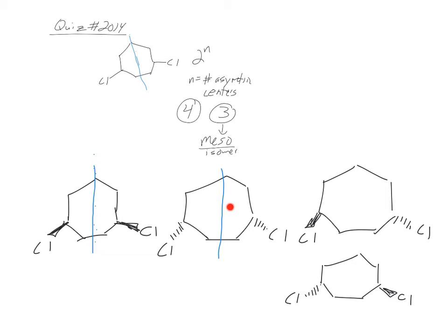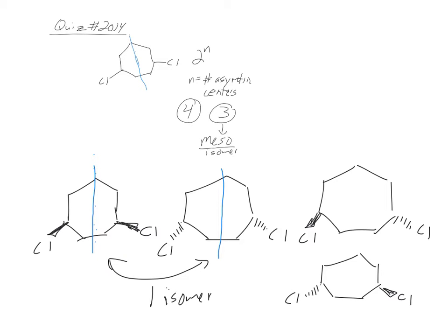So these 2 isomers both have mirror planes, right? So they count as... This counts as one isomer, because they're the same. If you flip them over, they're exactly the same.